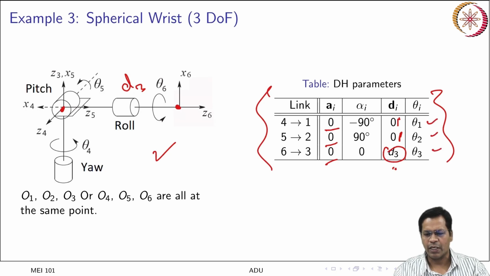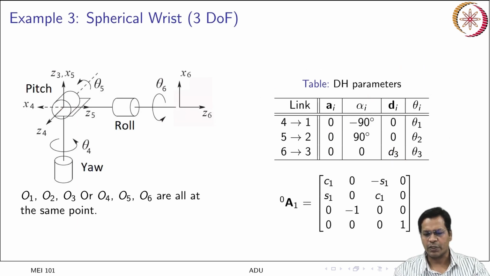And theta 1, 2, 3 are joint variables. Then you measure the angle alpha, that is the twist angle, the angle rotated about the x axis from the previous z to the new z. If you do it, you will get minus 90, 90 and 0. So this is how your DH parameter table can be worked out for this.